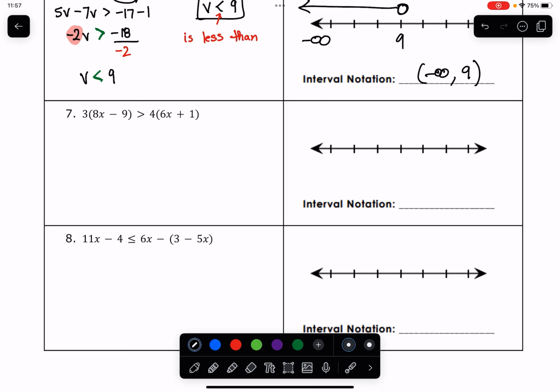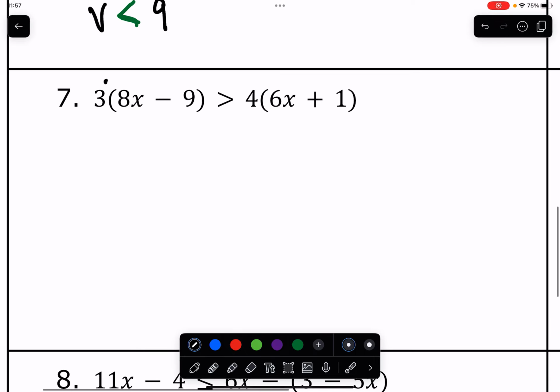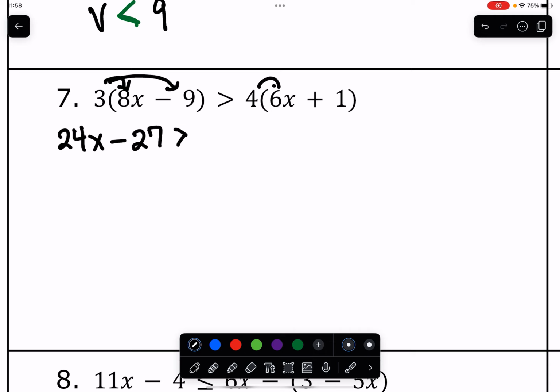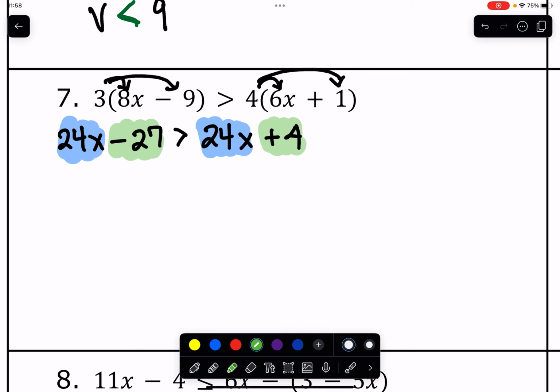So on this example, on number 7, let me zoom in. We're going to start by distributing. We'll multiply 8x minus 9 with 3. So we have 24x minus 27 is greater than, and we'll distribute on the right side, 24x plus 4. Now, as before, we want our variables on the left side and our constants, which are in green, on the right side of this inequality.